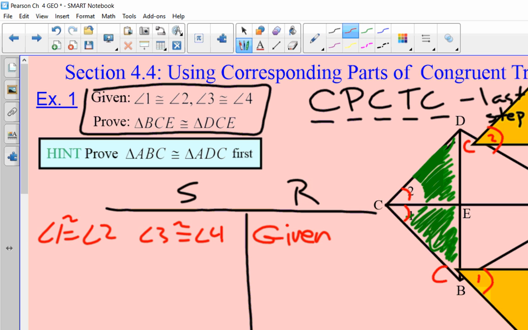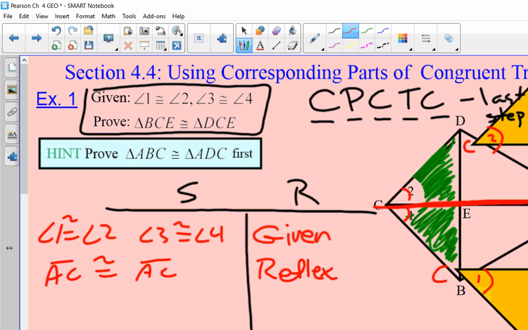Remember, if you have a figure and it's being cut, in this case that way, are those sides congruent? They are. So we're going to come over here and say AC is congruent to AC. Remember our good buddy, the reflexive property. So now I can say that these two sides are equal.